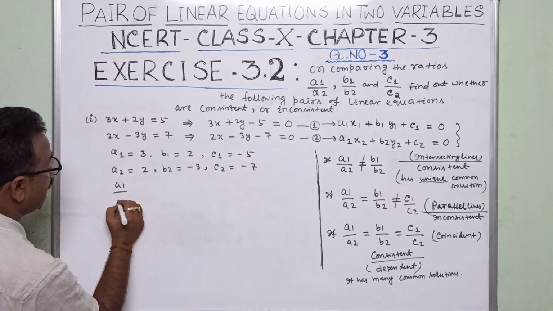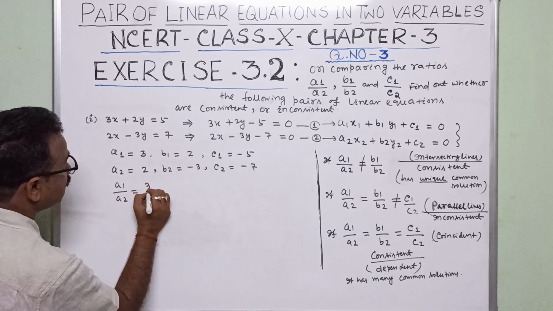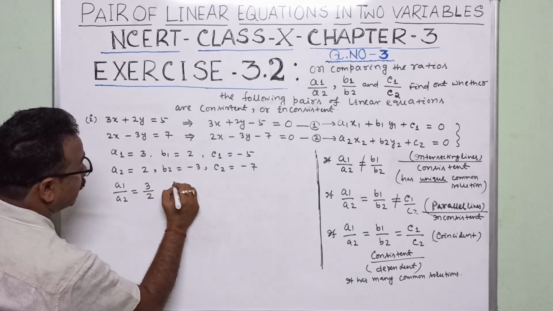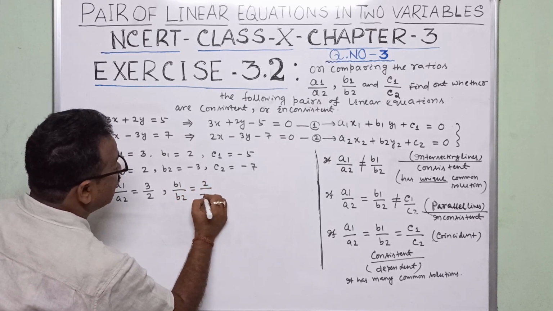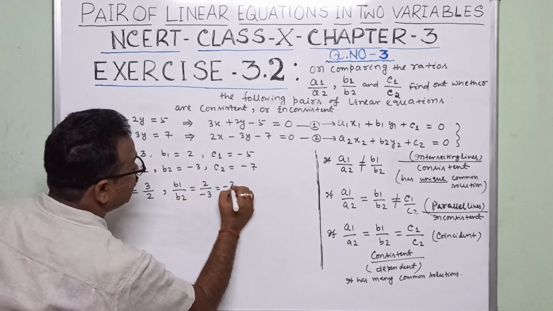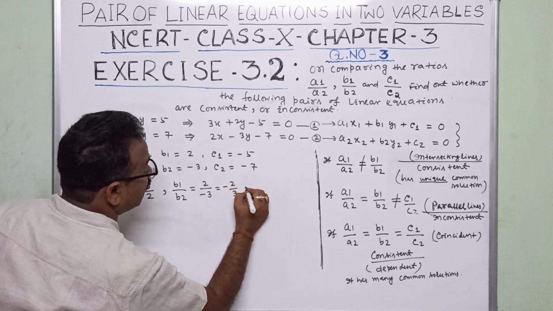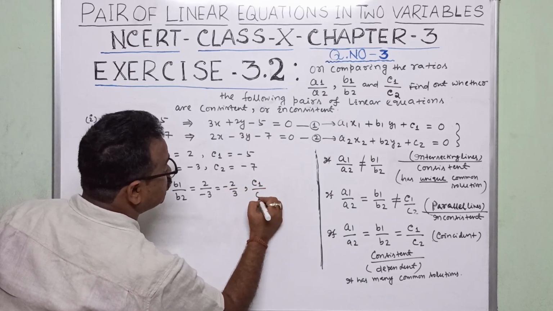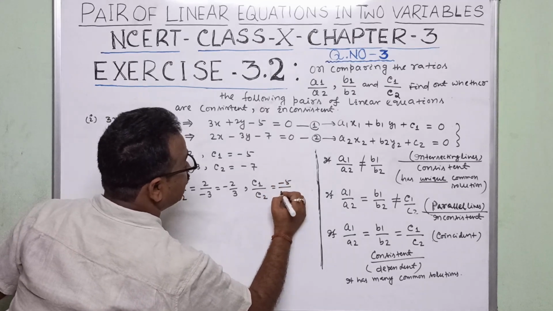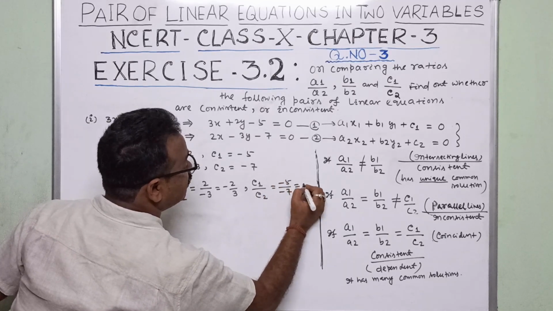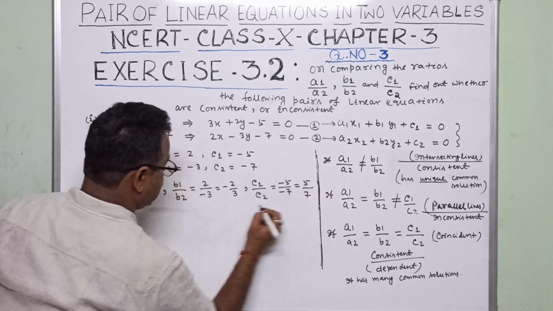So a1 by a2 is equal to 3 by 2, b1 by b2 is equal to 2 by minus 3 is equal to minus 2 by 3, c1 by c2 is equal to minus 5 by minus 7 is equal to 5 by 7.